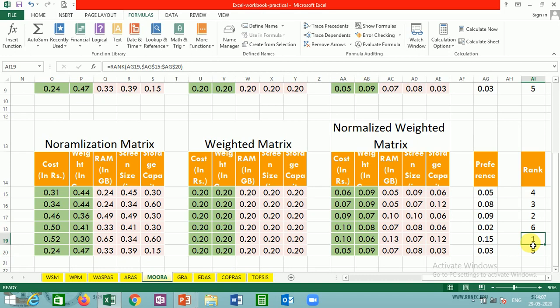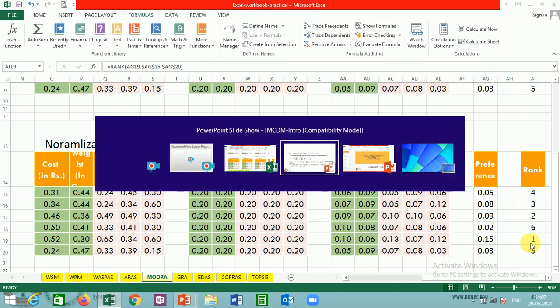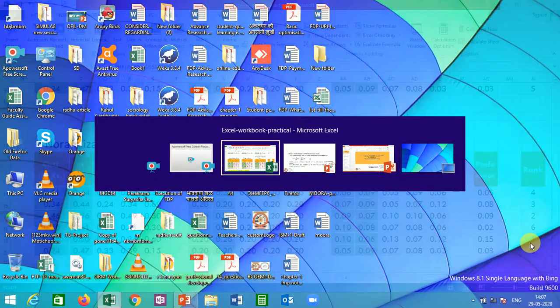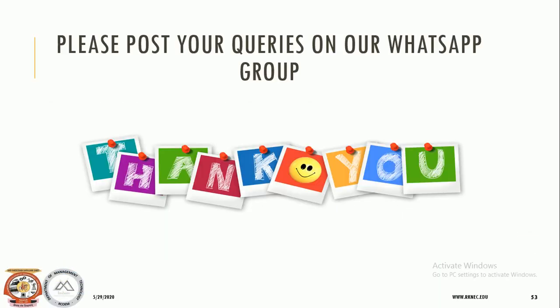We'll look at the end of all the methods at which method shall be considered for ranking the alternatives. And as I previously told you, it depends on the area and the application where we are going to use the MCDM technique. So this is how the MOORA method is.